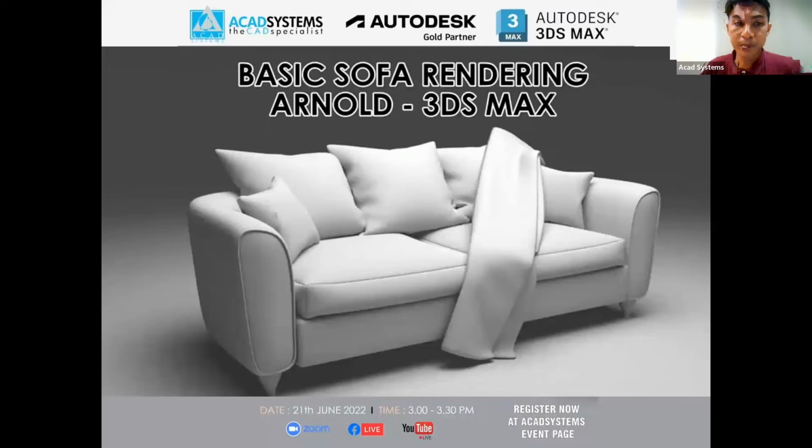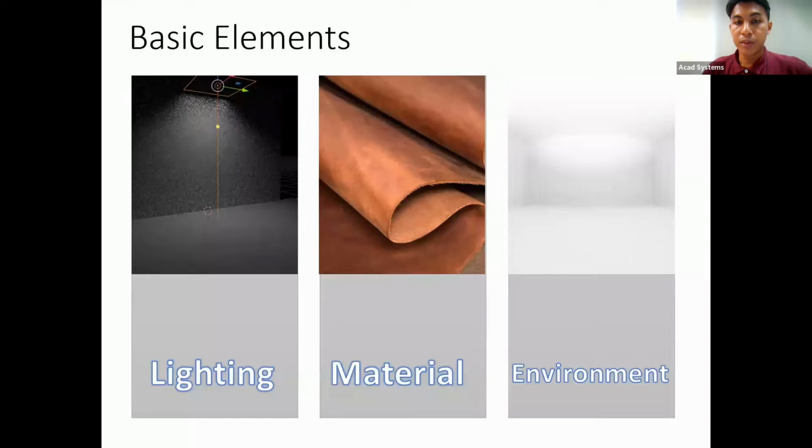So in rendering, we basically are going to look at some of the basic elements: how to set up the lights, how to put materials on our sofa, and also adjusting our environment. These are all basic elements to set up the rendering, and then we will render the final product.